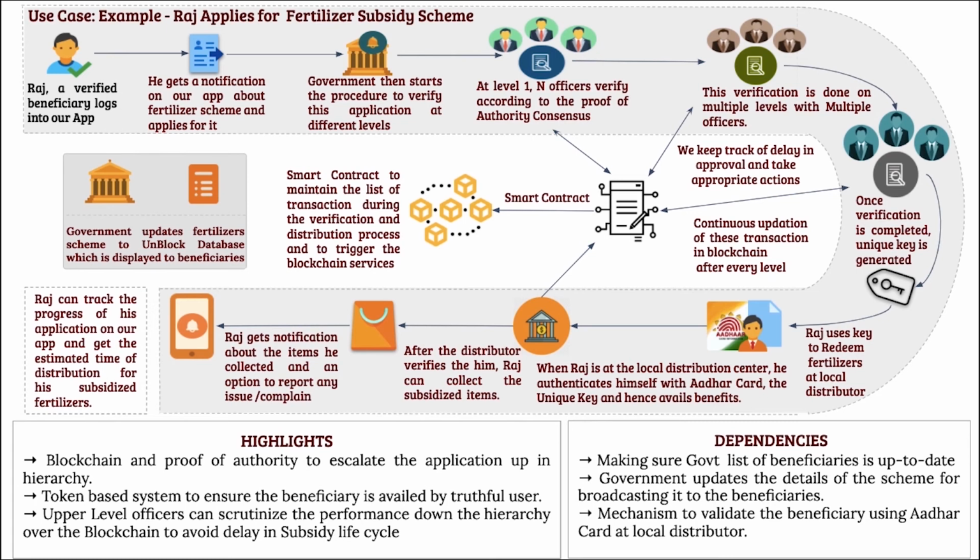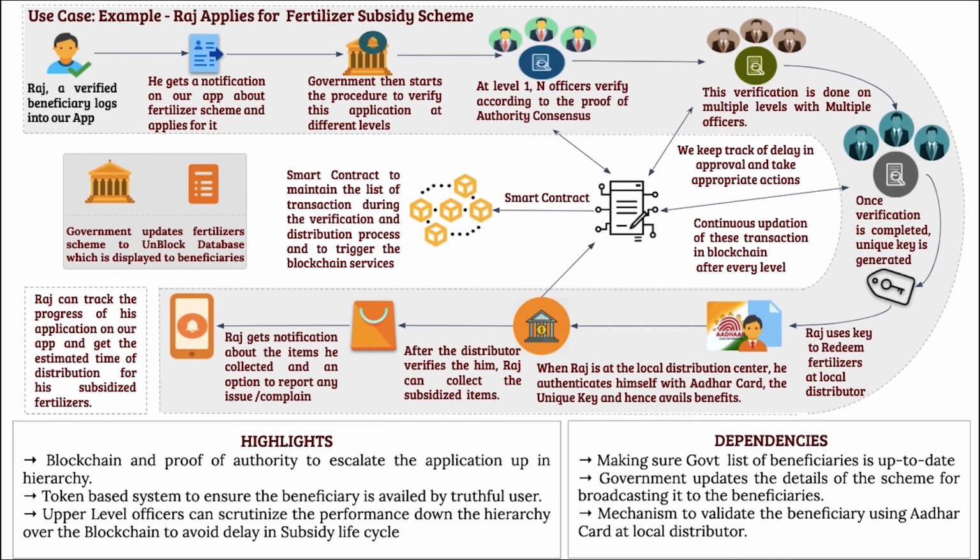Now Raj, the user, takes his key and goes to the local fertilizer shop in order to avail his benefits. When Raj is at the local distributor center, he authenticates himself with his Aadhaar card and the unique key. This is where the entire OTP process takes place, and the distributor verifies that yes, Raj is the truthful beneficiary and I can give him the benefits.